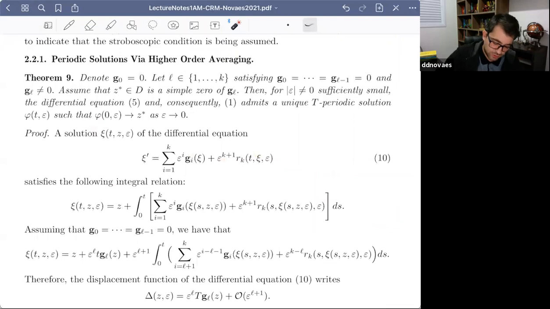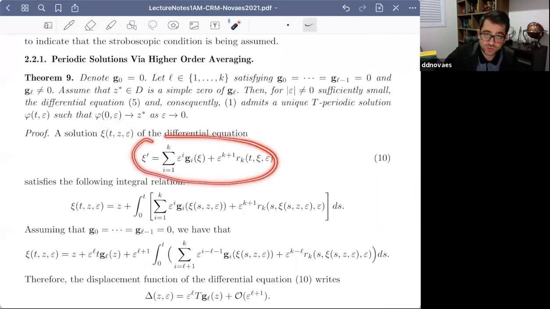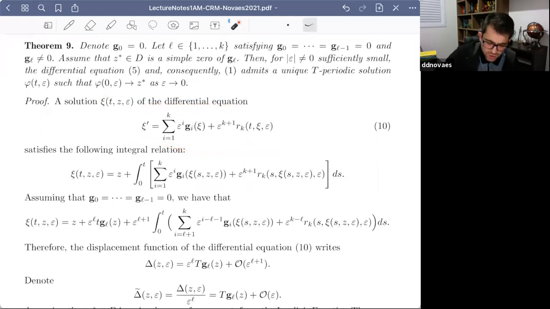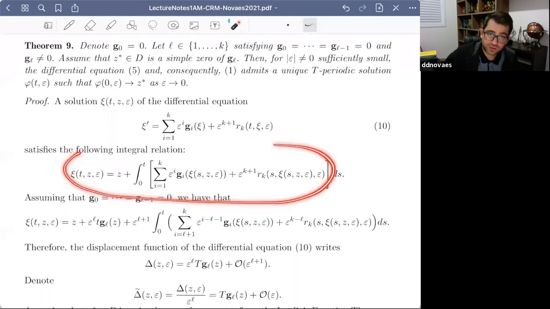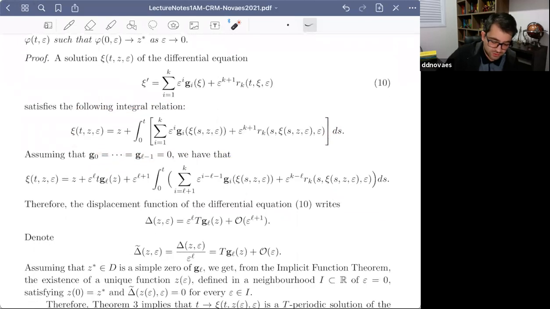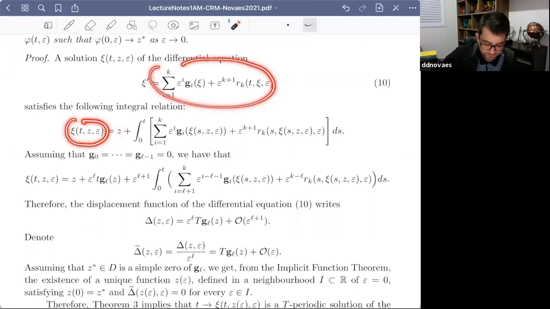Okay, so we consider xi a solution of this difference equation, which is the transformed system, and we know that a solution of this difference equation satisfies the integral characterization. So xi(t, z, epsilon) is equal to the initial condition plus the integral between 0 and t of the right-hand side of the difference equation applied in the solution.